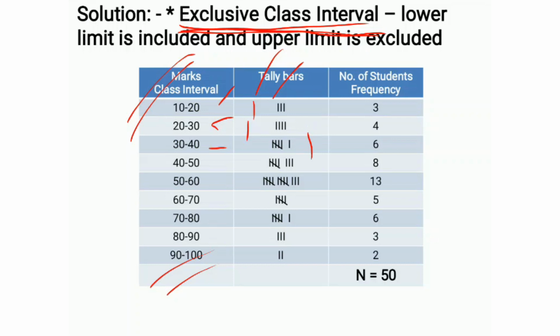For example, in 90 to 100, only 90 to 99 should be considered when using tally bars or solving statistics problems. So in 40 to 50, it means 40 to 49; the number 50 belongs to the next one, because 40 is the lower limit and 50 is the upper limit, which is excluded in the exclusive class interval.